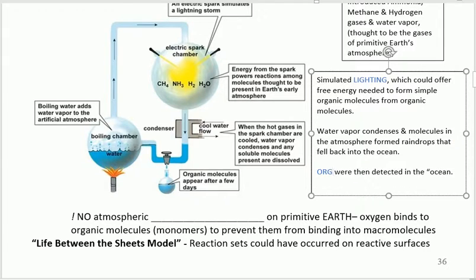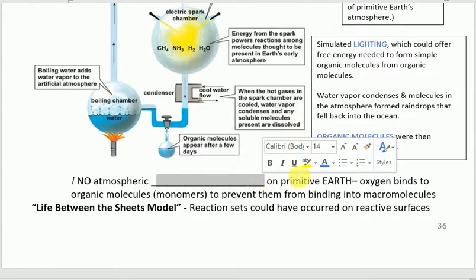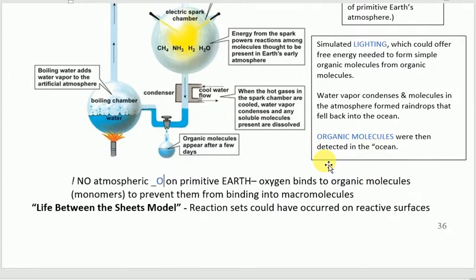And then the organic molecules would have been detected in the ocean. It's important to note that there was no atmospheric oxygen on primitive Earth, because oxygen binds to the organic molecules, or the monomers, to prevent them from binding into macromolecules.